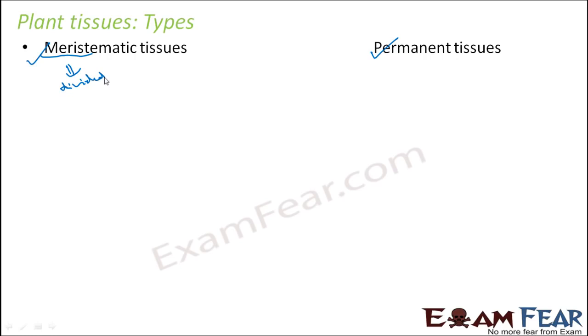When I say tissues are made up of cells, these cells which form the meristematic tissue are capable of dividing and forming new cells. Whereas permanent tissues do not have the capability to divide.